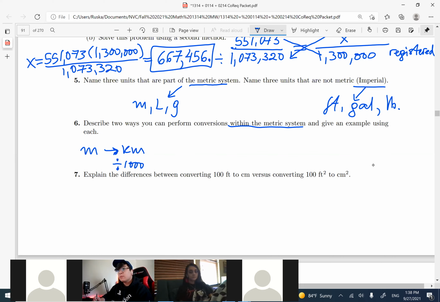And another way is, if you remember the rule I showed you, if it's an imperial unit, you're going to use the unit rule. You're going to multiply by new over old. So you can use that also, so I can cancel the old unit, and the answer is going to be in the new one. Okay.